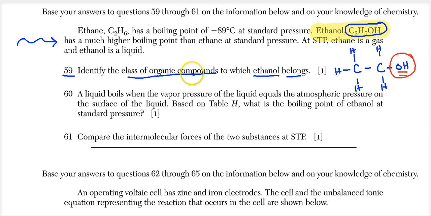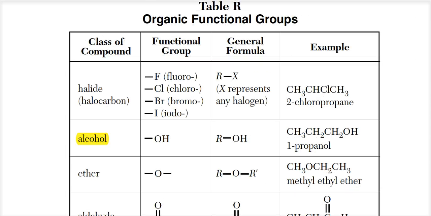Now if you weren't sure about that, you can go to table R to see that. Let's do that. So we can see that when you have an OH attached to a carbon chain, and here's an example that you can look in table R, that functional group, or that class of compounds, is something called an alcohol. All right?